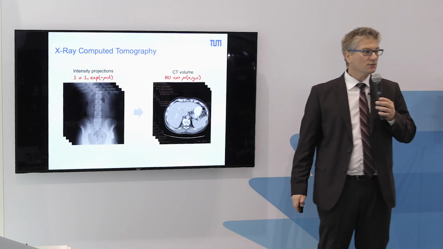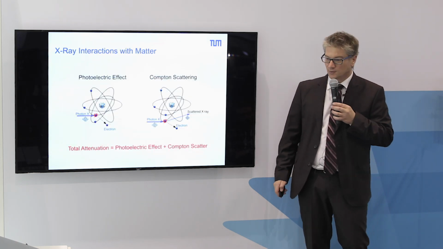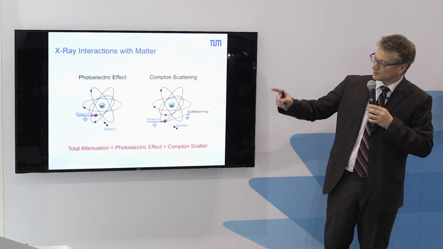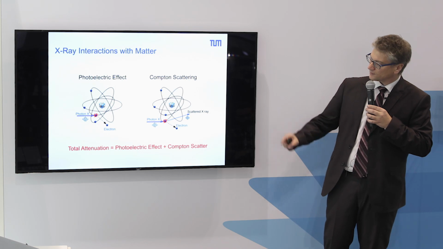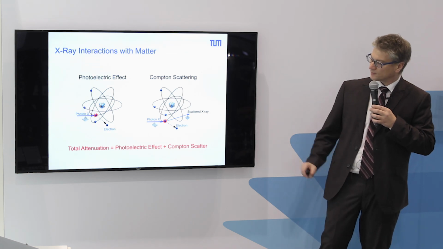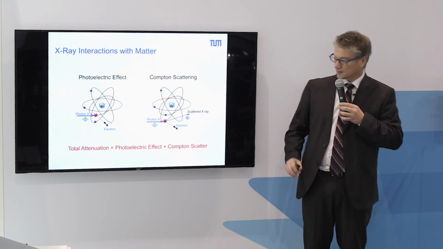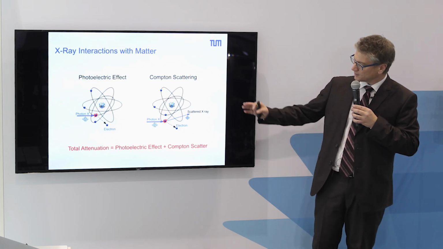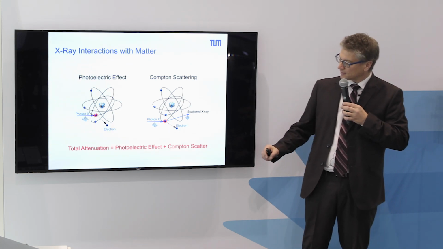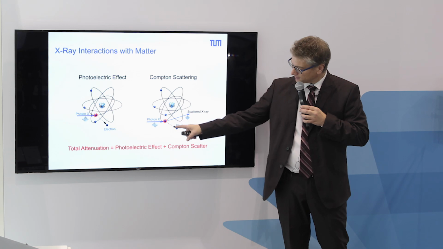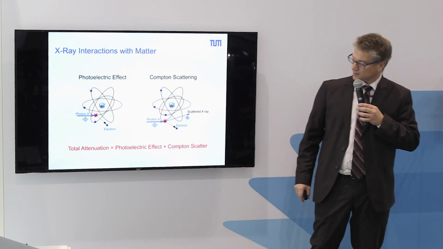In this attenuation coefficient, from the basic physics point of view, we actually have two interactions: the photo effect and the Compton scattering. The photo effect is basically when the X-ray photon gets absorbed, and this creates attenuation, and the Compton scattering also attenuates by deviating this photon in an inelastic scattering process.